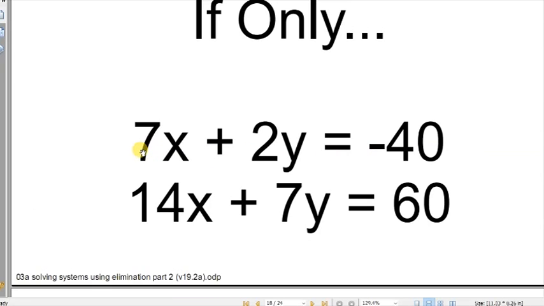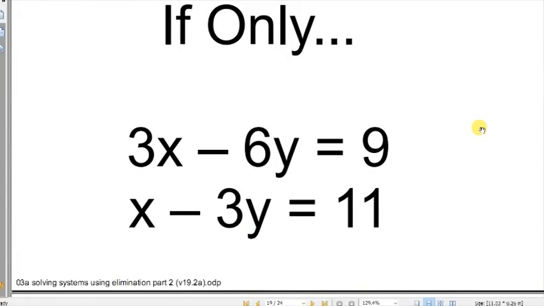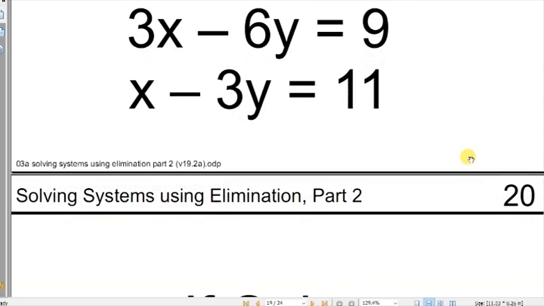How about top by -2? Top by -2, and the x's will cancel. What would you do here? I think I would do bottom by -3 and get the x's to cancel. Or bottom by -2 and the y's would cancel. Both are good options.